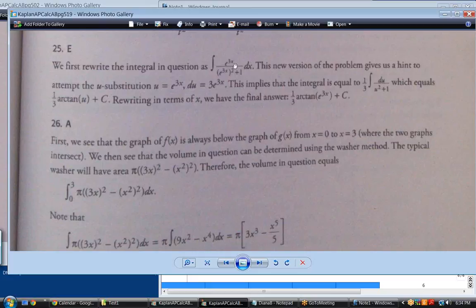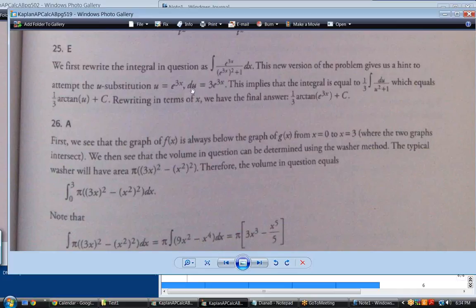If they first rewrite this integral using U substitution, u would be e to the 3x, and du would be 3e to the 3x. Well, what they really mean to say there is du dx would be that. Incidentally, for your information, you cannot have a partial derivative like this.